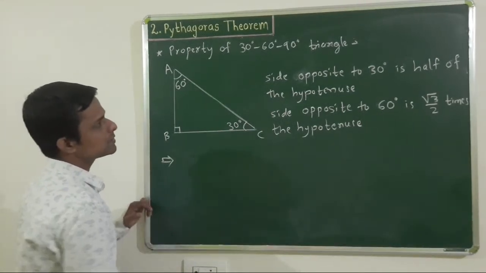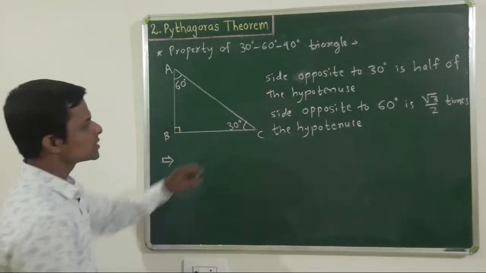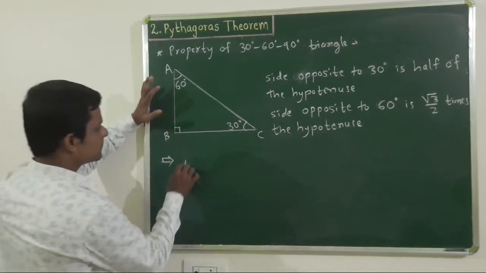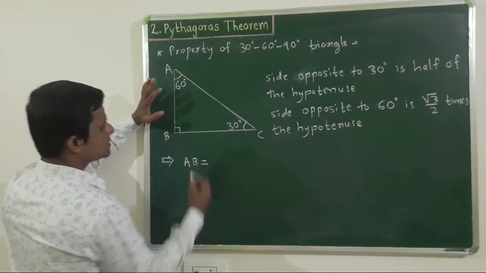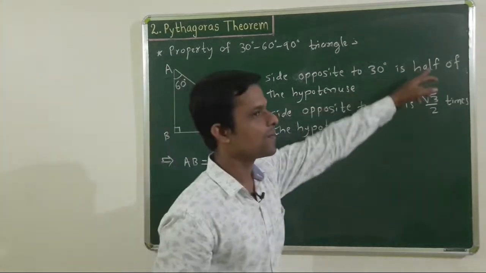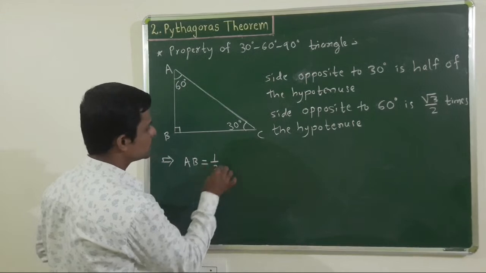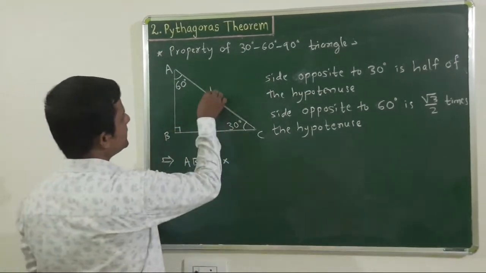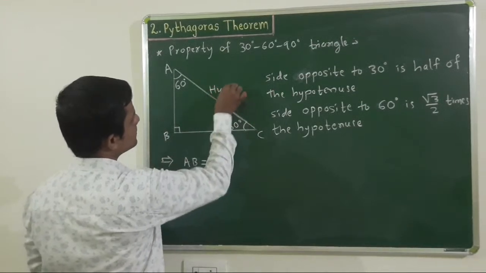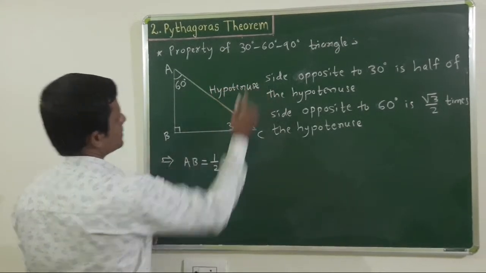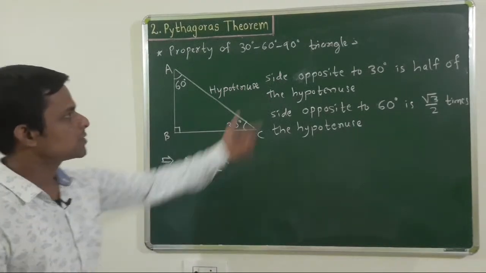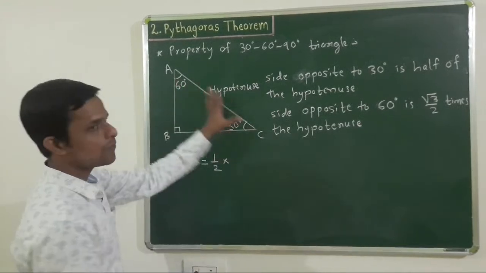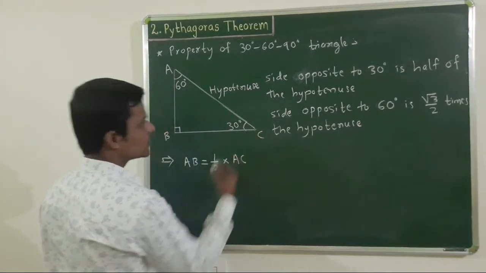The side opposite to 30 degree, that is AB, is half of the hypotenuse, and the hypotenuse is the side opposite to 90 degree, that is AC. This is the first part.